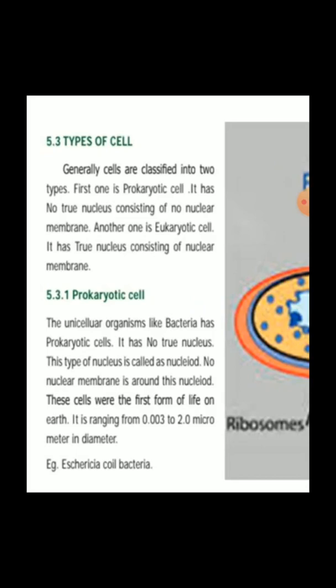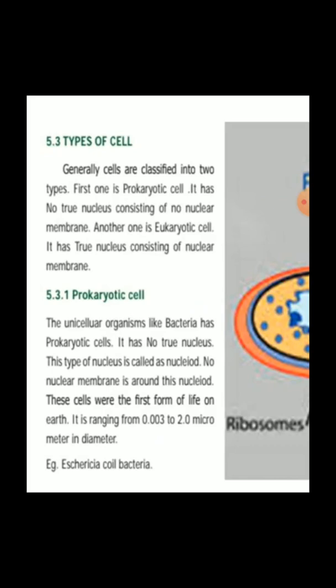These cells were the first form of life on the earth. They range from 0.0032 to 2.0 micrometer in diameter. This cell does not have a proper well-defined structure. This type of nucleus is called what, children? Nucleoid.